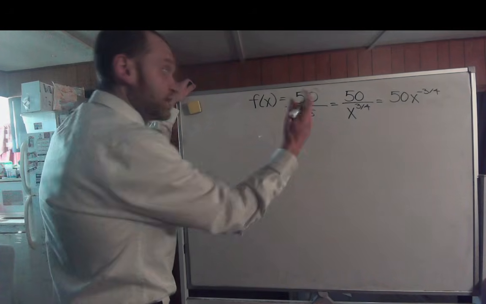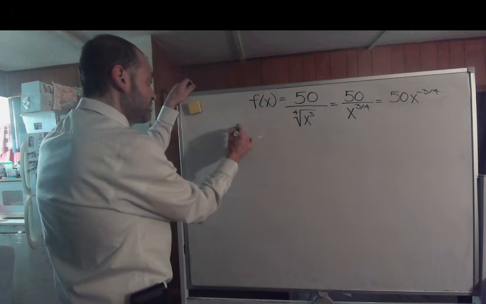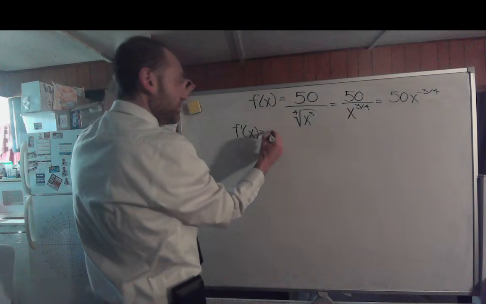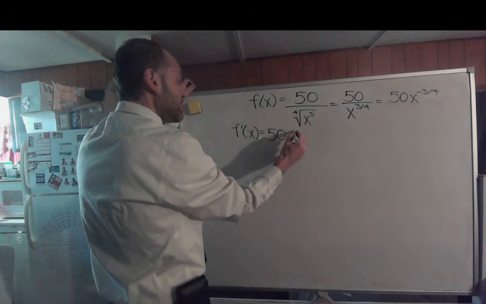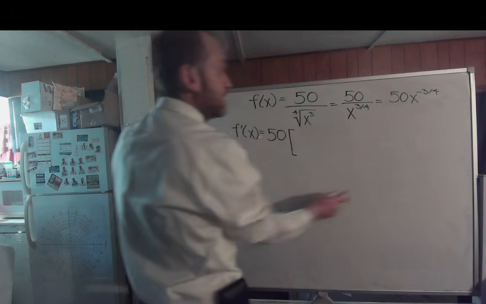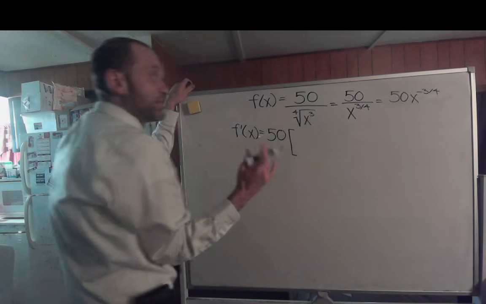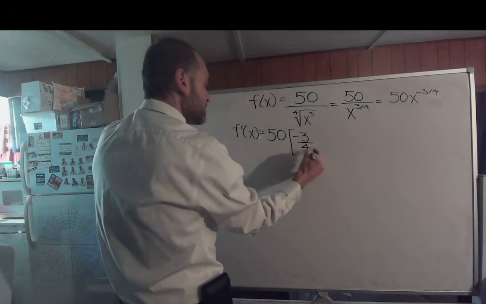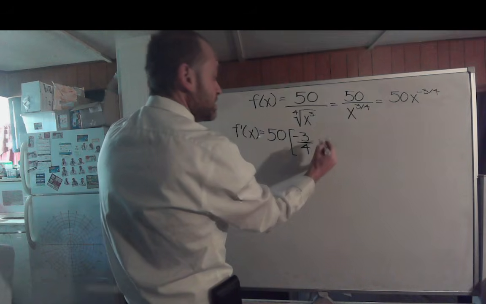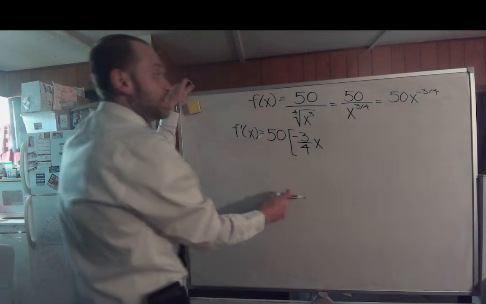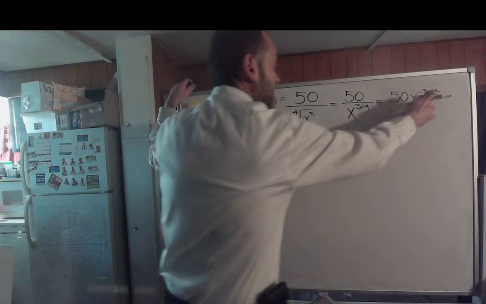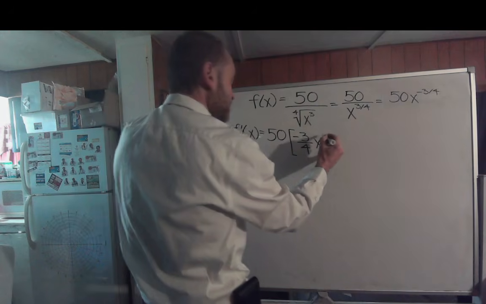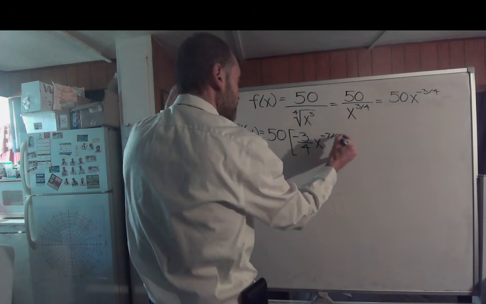Well, now we can do the derivative. f prime of x, that's going to equal that constant multiple of 50 itself, times, now we'll just deal with the x to the negative 3/4, bring down that negative 3/4 in front, multiply by x, and then lower that negative 3/4 by 1 degree. So negative 3/4 minus 1 is x to the negative 7/4.